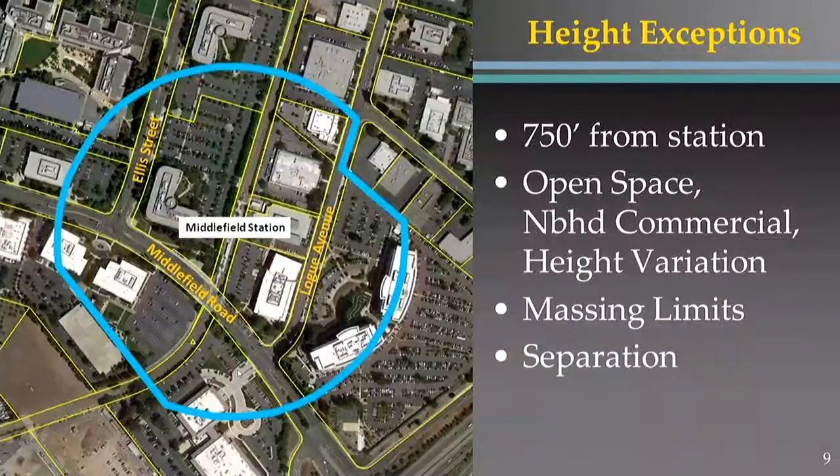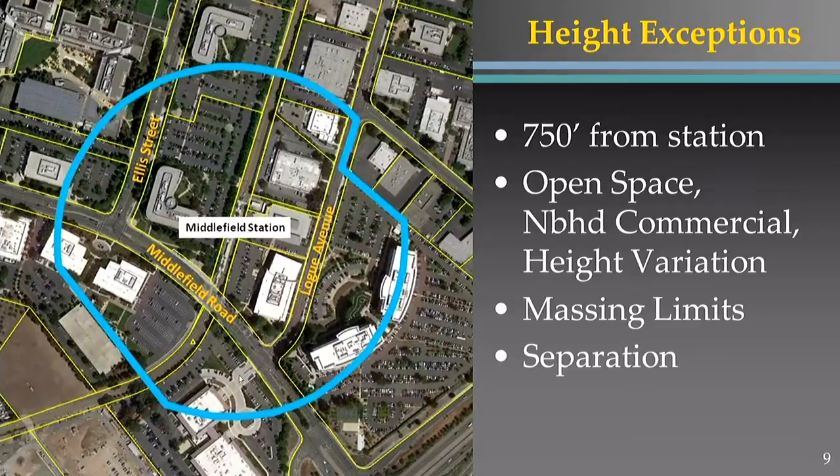Sure. Yeah, so the precise plan allows bonus FAR up to 95 feet. That's 7 or 8 stories. That could happen, with an upper floor step back along both of those properties south of Middlefield Road. This property is currently owned by a residential developer, and they've expressed interest in redeveloping it as residential. The site is identified for a mini park in the precise plan.